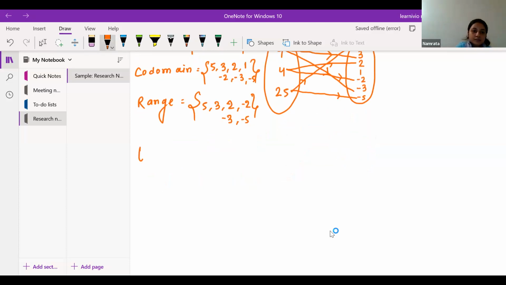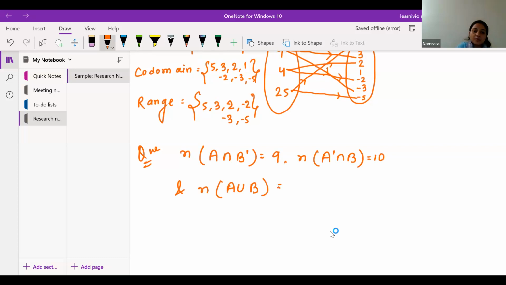If number of element in A intersection B complement is 9, number of element in A complement B is 10, and number of element in A union B is 24, then find number of element in A cross B, the Cartesian product.